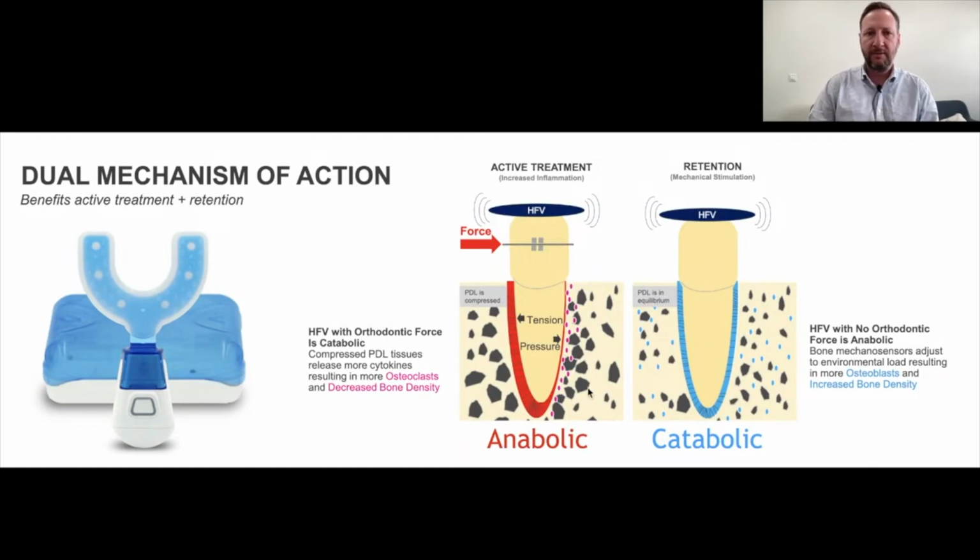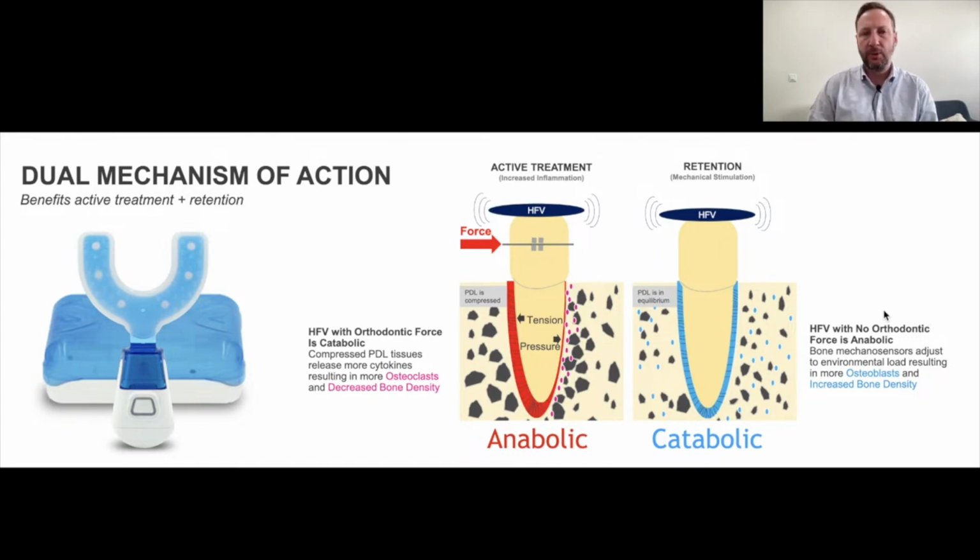Okay, in the anabolic phase, when we are applying force, we are going to increase the presence of the cytokines. Okay, we're going to have more osteoclasts, and we're going to decrease the bone density. Okay, in the catabolic phase, when we are in retention without any force, we're going to increase the presence of osteoblasts and increase bone density.